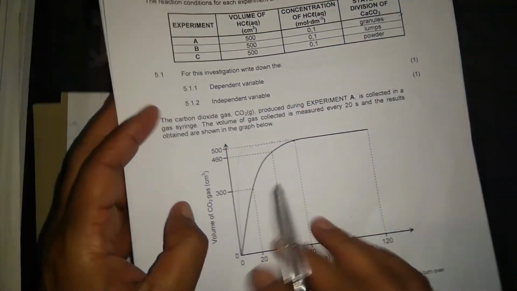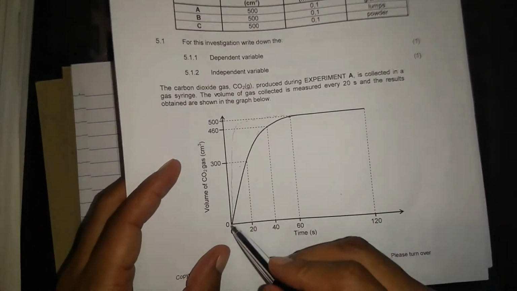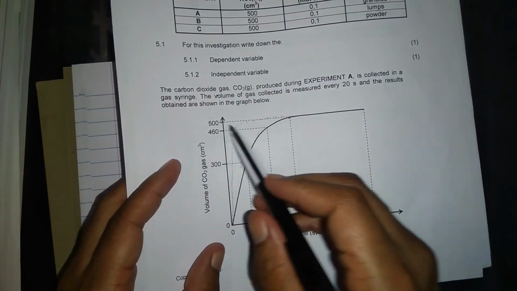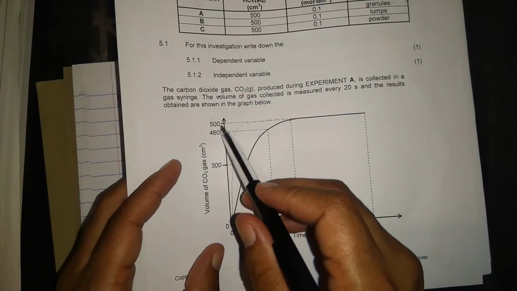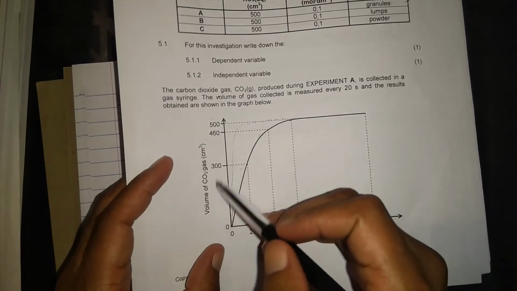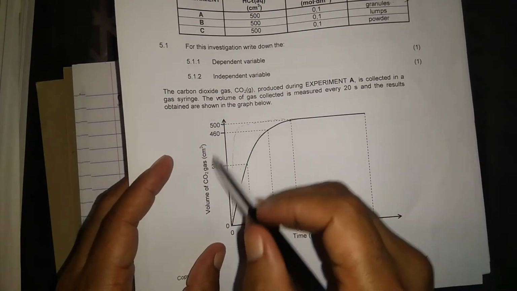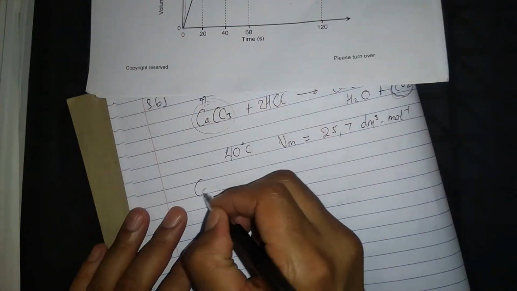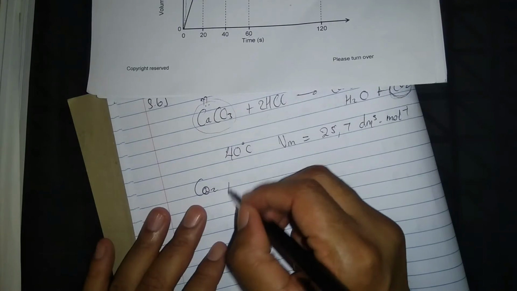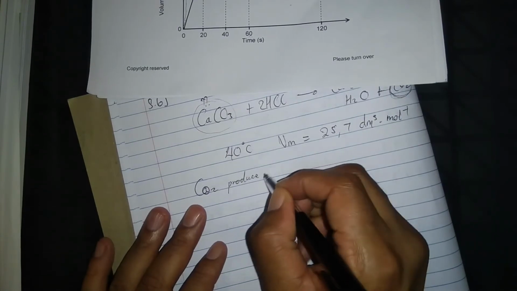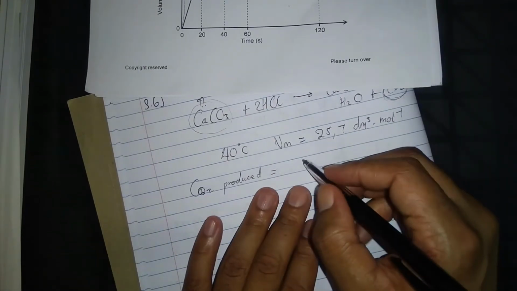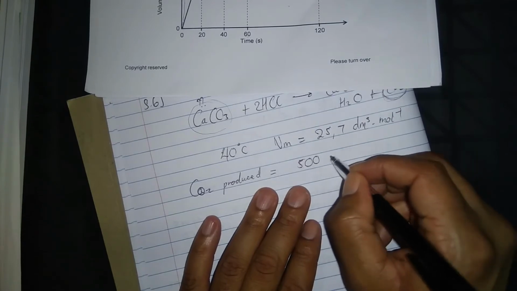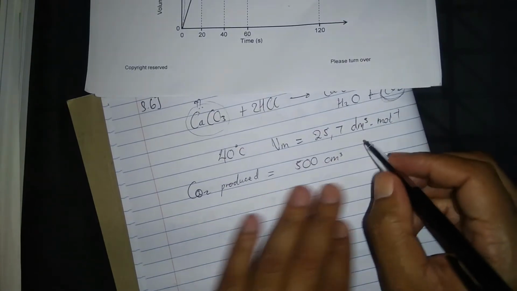So I want to put on the graph where the experiment ends. When the experiment ends we see that the volume of carbon dioxide produced is 500 cubic centimeters.